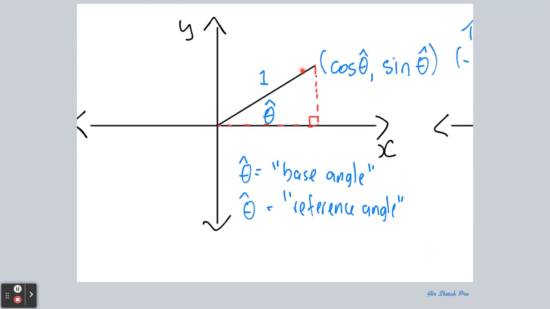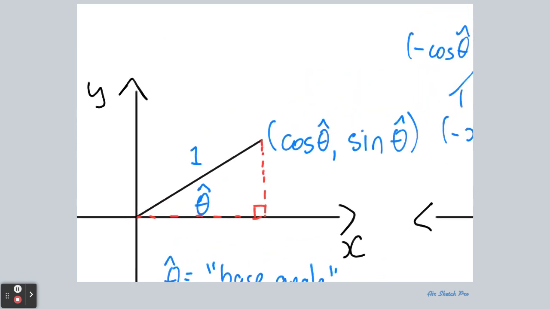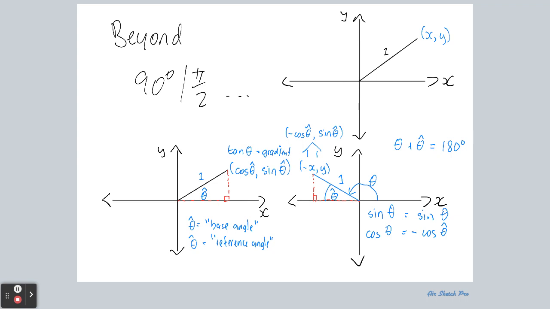The gradient in this quadrant is positive, right? Left to right, it's going up. So the gradient is positive. So we've got tan theta hat equals gradient, just for your notes. So it's positive. It is theta hat just for that first one.